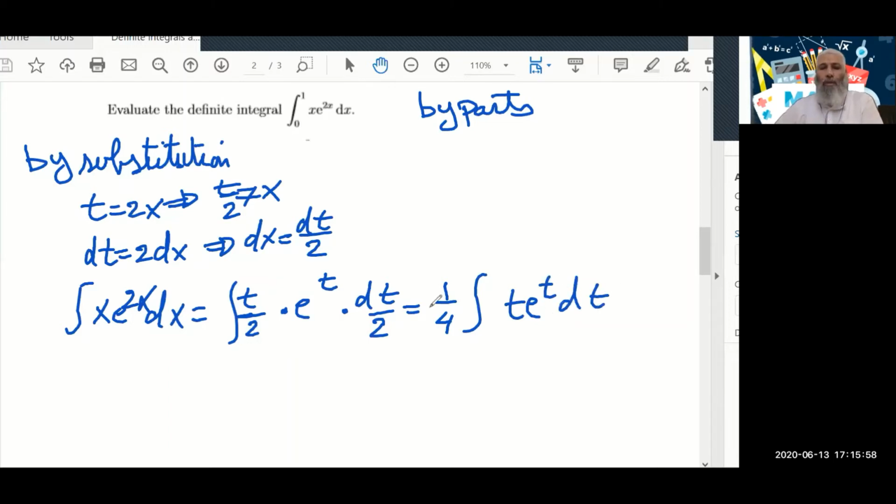This didn't help us. It doesn't help us? No. Because it is again t e power t. Again, how are you going to solve this? By substitution again?